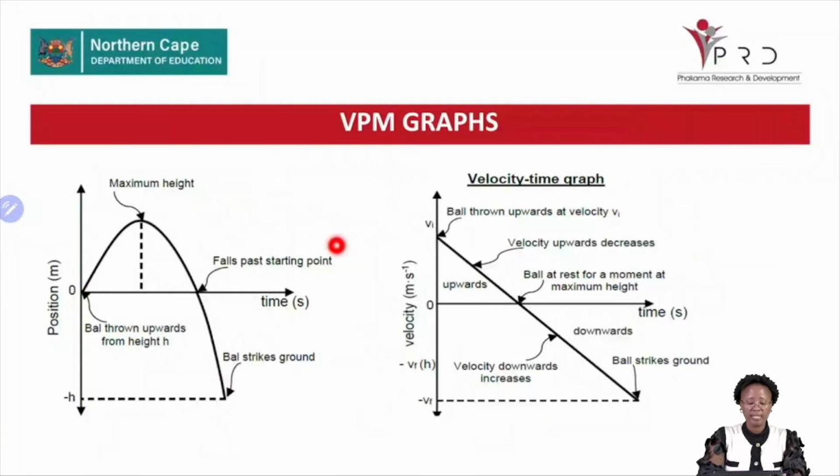In this one, you can see that it's still the same scenario, but there is something different. The object has been thrown vertically upward, reaches the maximum height, comes back to the original position, passes the original starting point, and goes straight to the ground. That is how the position of the object is.